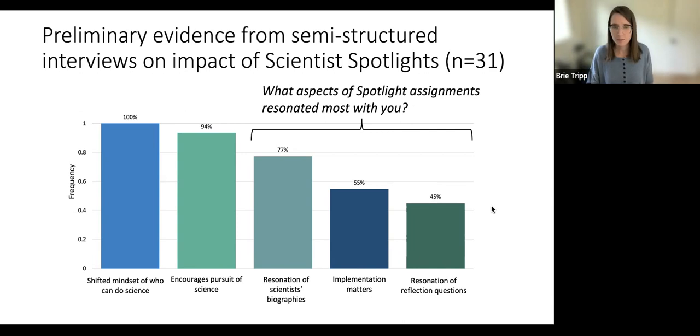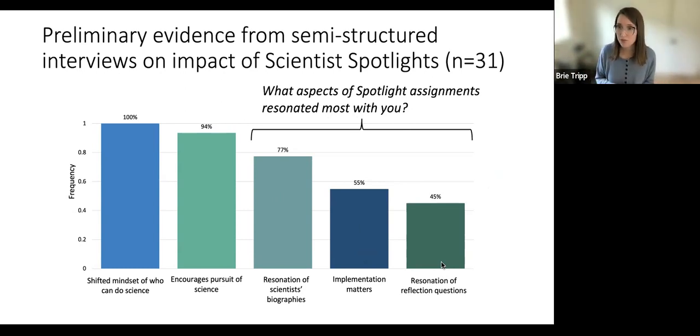This part is particularly of interest to this community: when we asked what aspects of spotlight assignments resonated with them most, 77% said the scientist biographies, 55% said implementation matters, and 45% said the reflection questions.